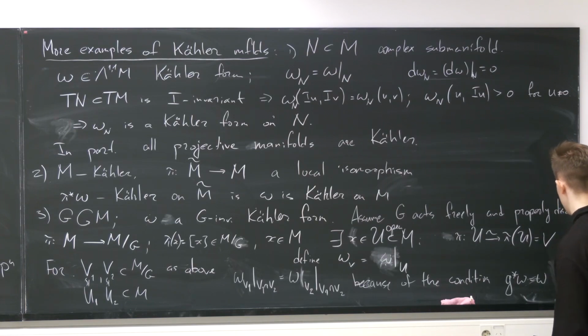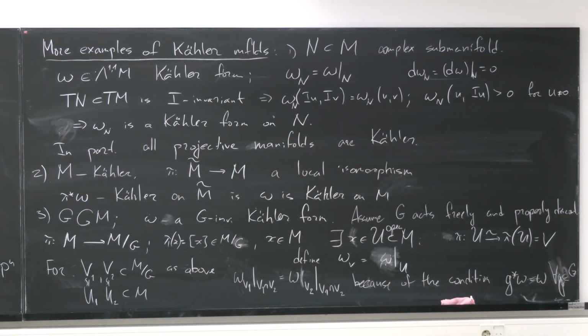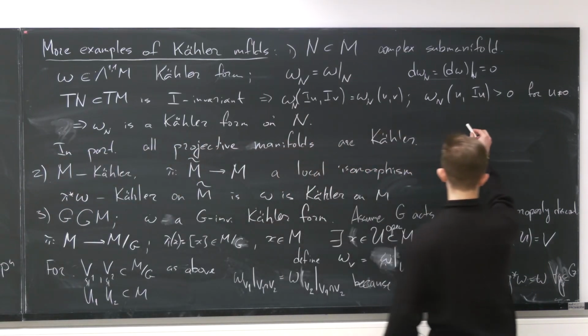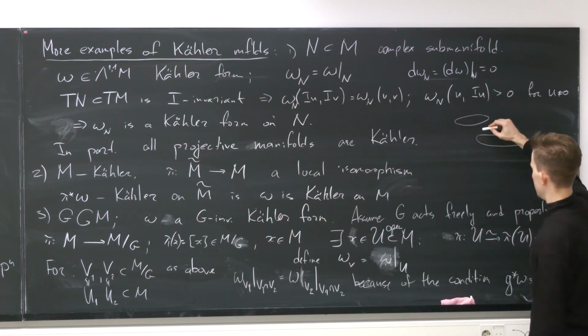So for all elements of the group G, we have the property that the pullback of omega is omega. So if we have these two open subsets in M, I get from one of them to the other by the G action.